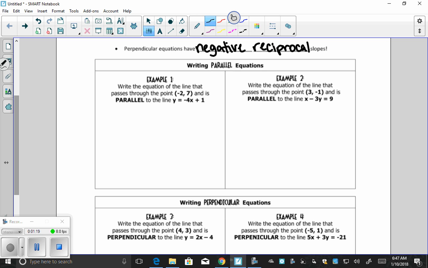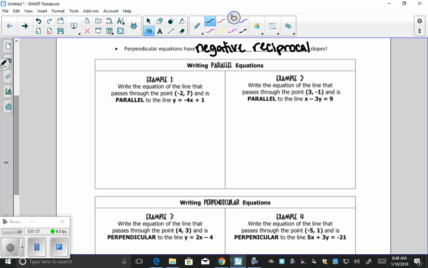The first two examples want us to write parallel equations. So for example 1, it says to write the equation of the line that passes through the point -2, 7 and is parallel to the line y equals -4x plus 1.